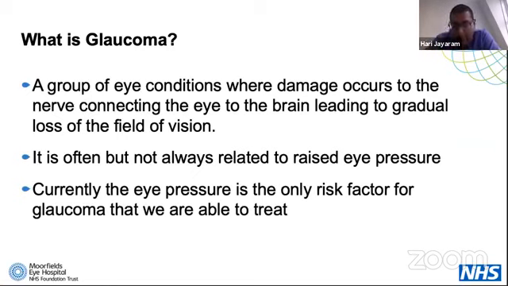It is usually associated with high eye pressure, but not always. Even now, despite having known about this condition for hundreds of years, lowering the eye pressure is the only risk factor that we are able to address. So current treatment methods are all focused on lowering the eye pressure.